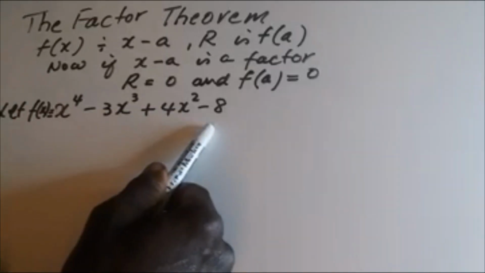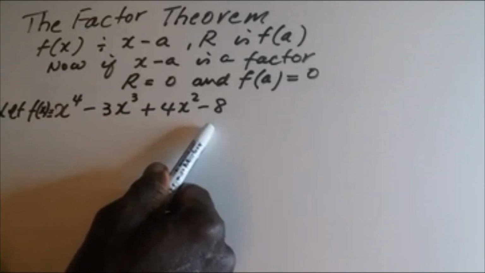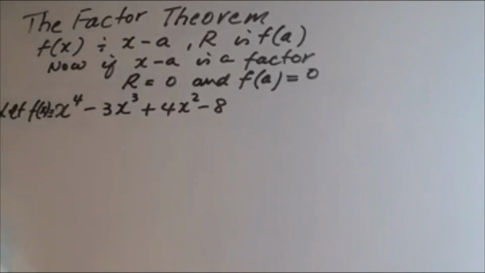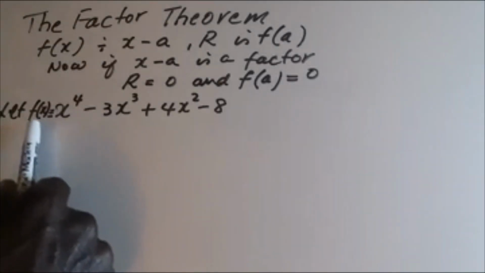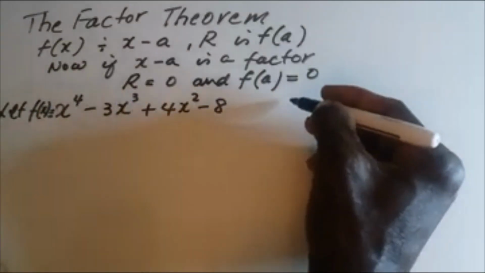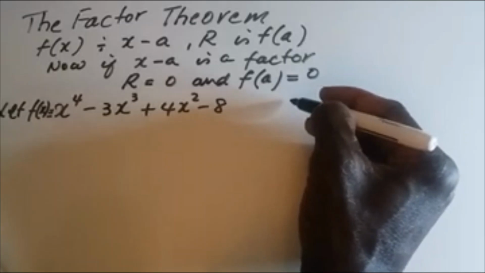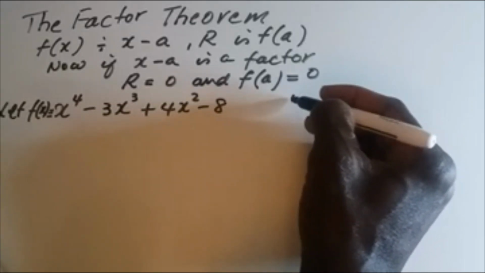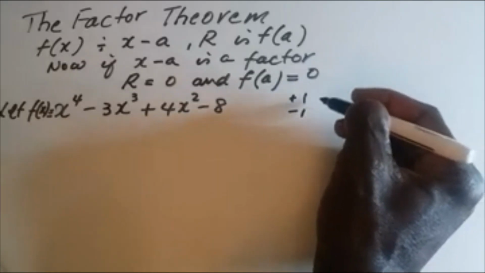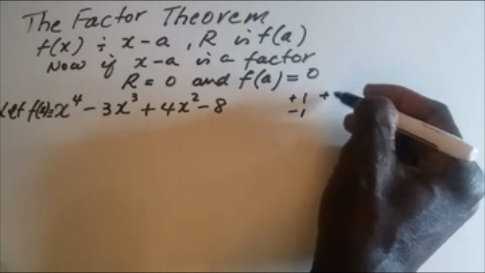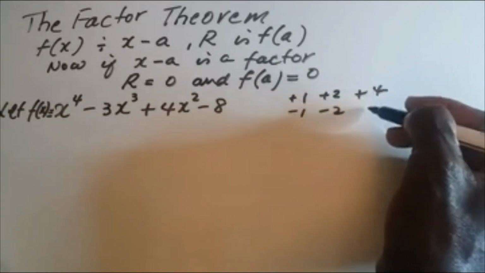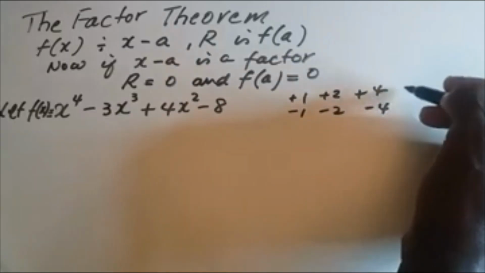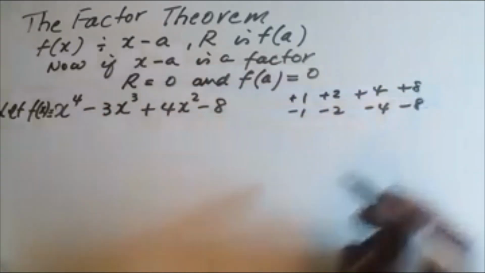Now, if we look at the constant here, negative 8, we have a combination of numbers that we can actually use to find f of a, or what a would be. So we have the factors of negative 8: positive 1 and negative 1, positive 2 and negative 2, positive 4 and negative 4, positive 8 and negative 8.